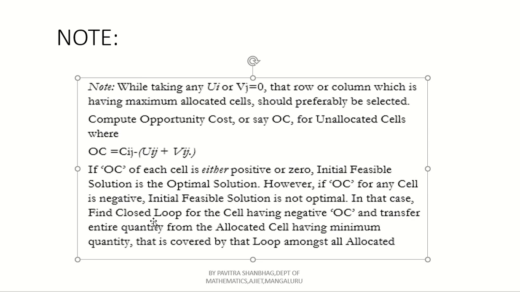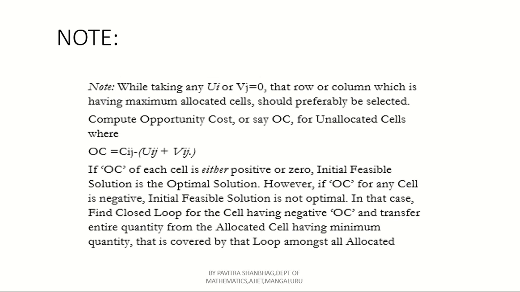In such a case, what we have to do? Find a closed loop for the cell having negative OC and transfer the entire quantity from the allocated cell having the minimum quantity that is covered by that loop amongst all allocated cells, right?